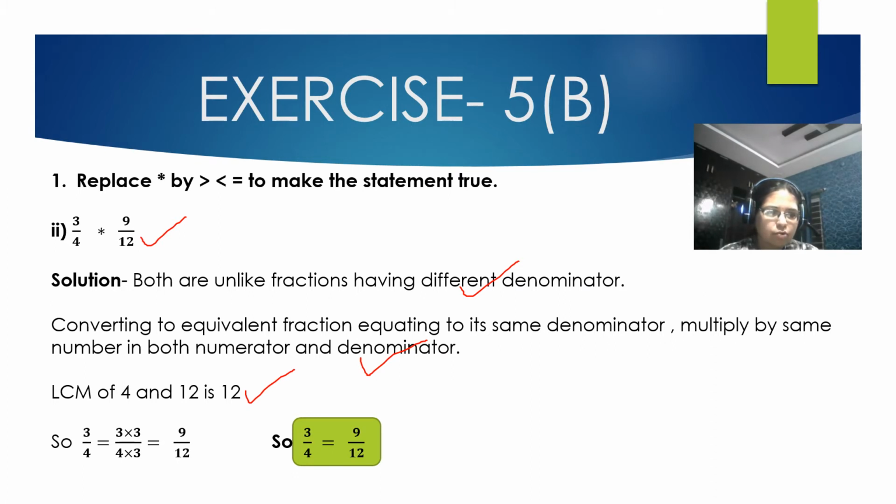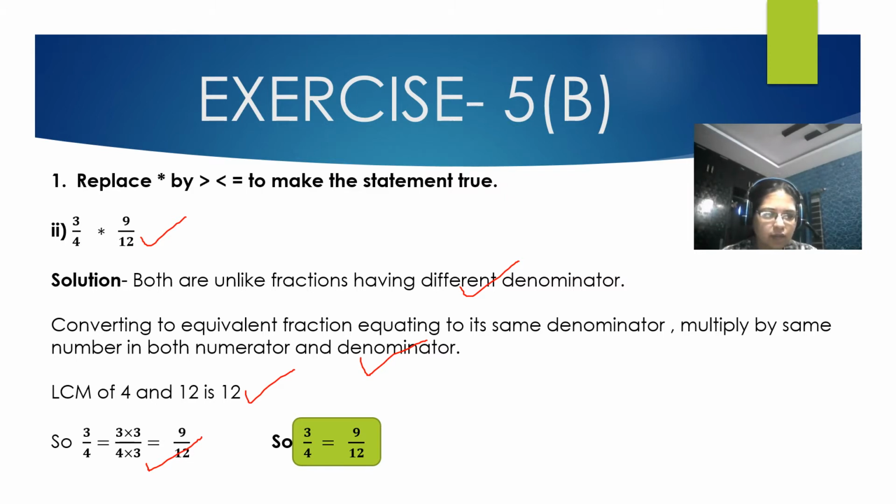So then we have to multiply the number 3 with both numerator and denominator of 3 divided by 4. So multiply numerator 3 with 3 and denominator 4 with 3. That is, we get 3 multiplied with 3 is 9 and 4 multiplied with 3 is 12.